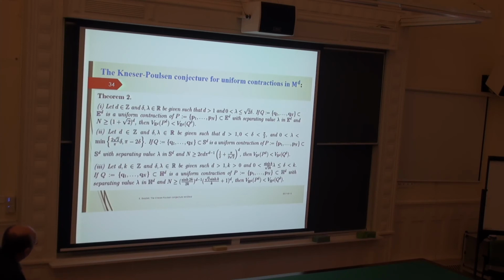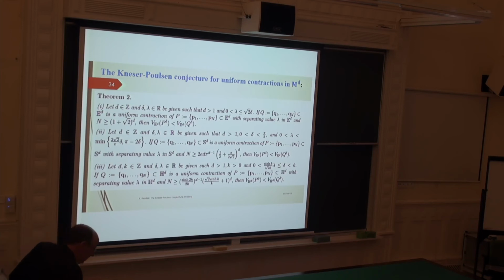I really just want to focus on the middle part here and state the spherical theorem, because this is the theorem that I was mainly interested in due to the special theorem on closed hemispheres. So this middle part here is a spherical result. So we have here a point configuration Q, which is going to be a uniform contraction of the point configuration P. We will draw balls of radii delta around these points.